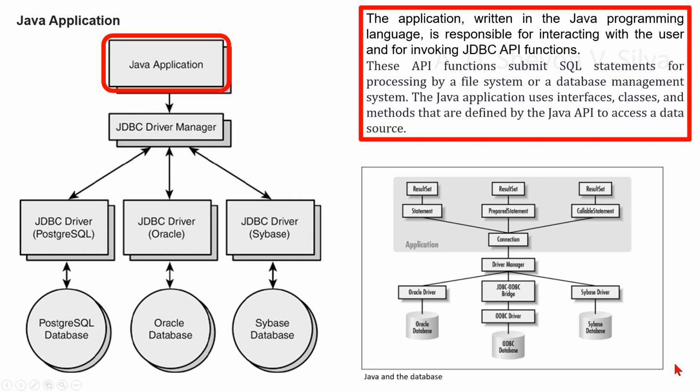Here you can see Java and the database. JDBC is a SQL level API, one that allows you to execute SQL statements and retrieve the results, if any.